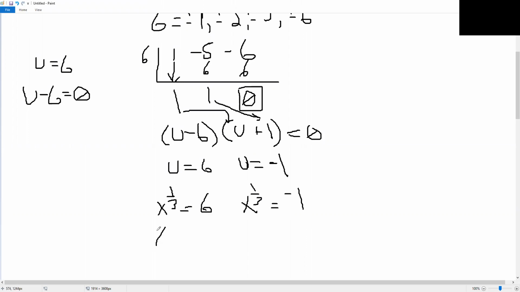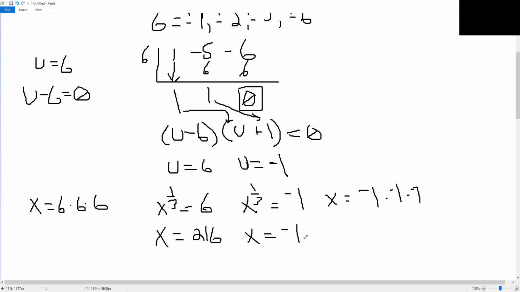So this one, x would actually equal 216. Because remember, to solve this, x equals 6 times 6 times 6. If you do that on your calculator, 6 times 6 times 6 is 216. And on this one, x equals -1 times -1 times -1, which is just -1 times -1 is 1, and 1 times -1 is -1. So this is actually just -1.